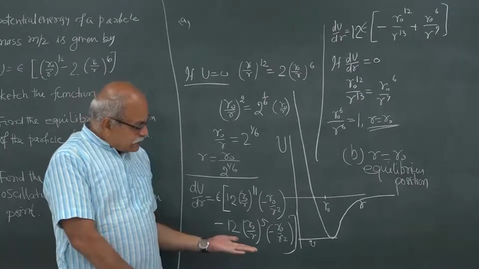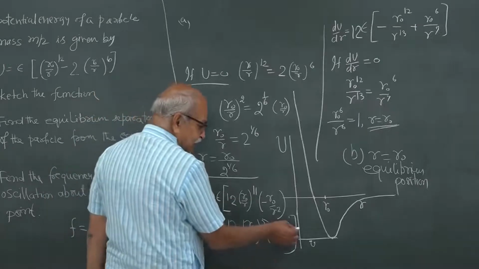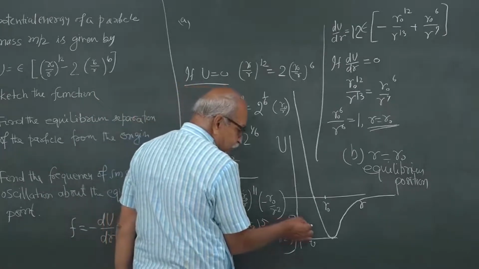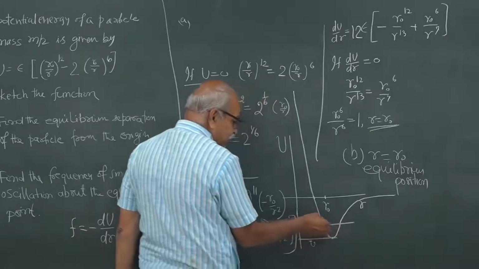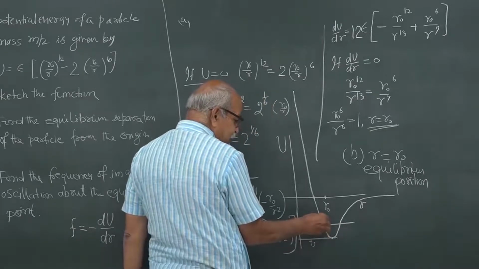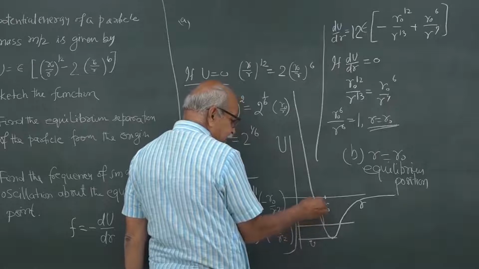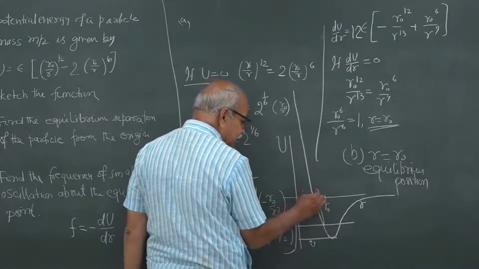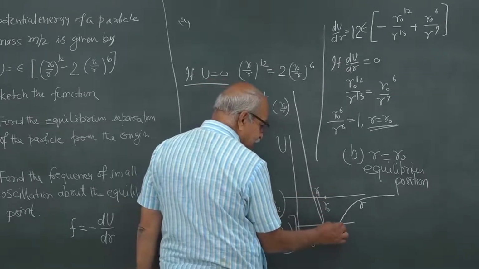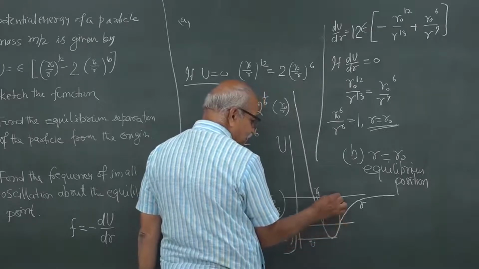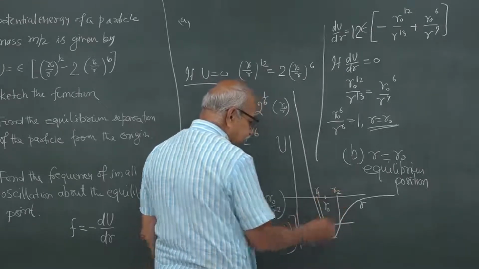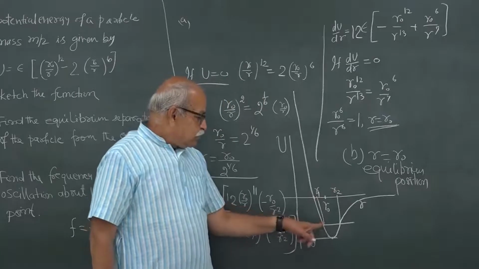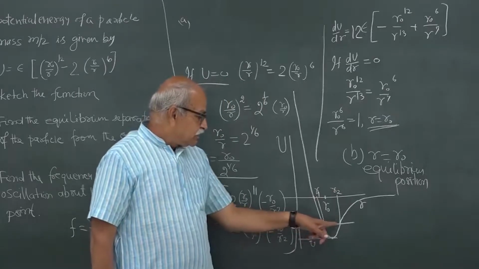But if the energy is more, then the particle can move, and we have already discussed these are the turning points. This is, let us say, R1 and this is R2, and the particle with this energy will go from here to here, and back again.